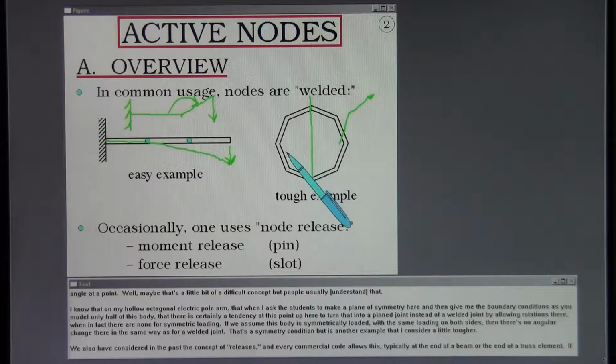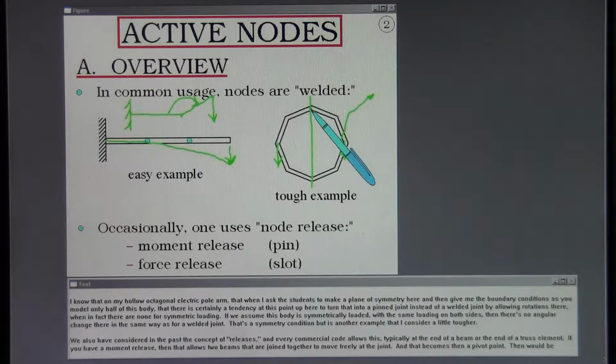If we assume this body is symmetrically loaded with the same loading on both sides, then there's no angular change there in the same way as for a welded joint. That's a symmetry condition, but is another example that I consider a little tougher.